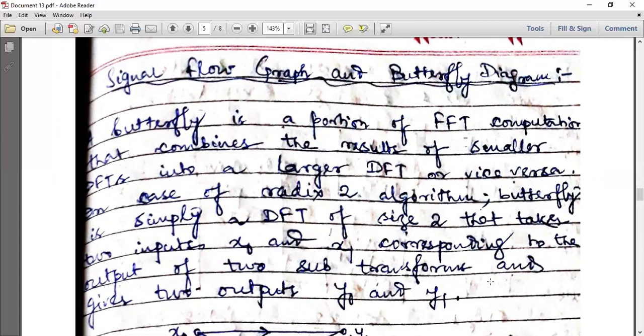So standard graph flow notation is used where each circle with entering arrows is an addition of the two values at the end of the arrows multiplied by a constant. Clear? It will not be that clear right now. It will be clear when I draw a butterfly and show you.